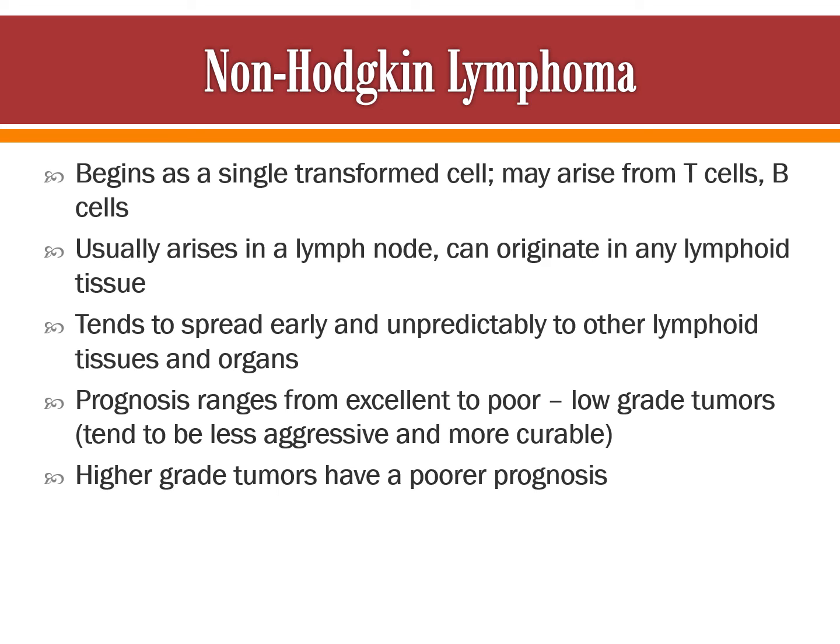It can start as a single transformed cell, may arise from T cells or B cells, and then it basically spreads early and very unpredictably to other lymphoid tissues and organs. Prognosis ranges from excellent to poor, and obviously the bigger the tumors are, the more aggressive they can be, and they have a poorer prognosis.